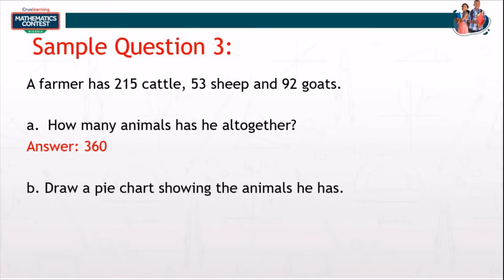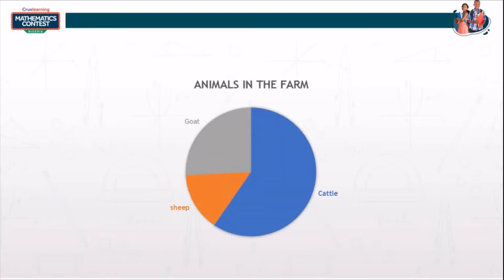Okay, so we are asked to draw a pie chart showing the animals he has. So let's see how this will be on a pie chart. Animals in the farm, that's the title of this pie chart. This blue portion is for the cattle, and because he has more cattle, we have the highest portion for the cattle.